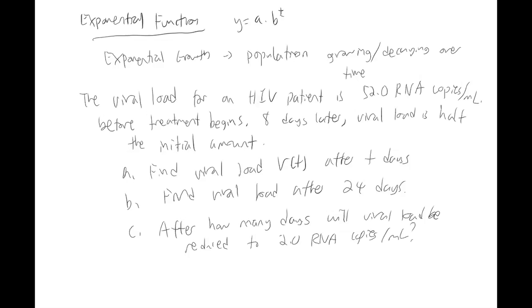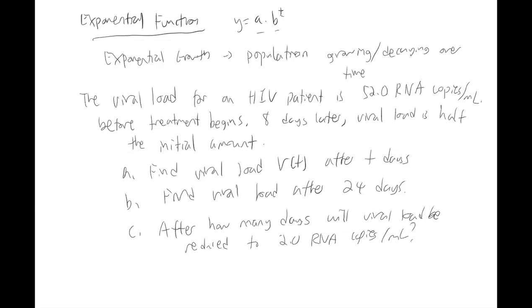Okay, so it seems like we're decaying, since it's getting smaller and smaller. Whenever you see questions like these, the information they give you is to find A and B, because once you find A and B, you can solve A, B, C easily. So let's figure out what A and B are.